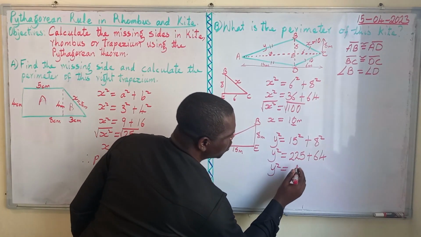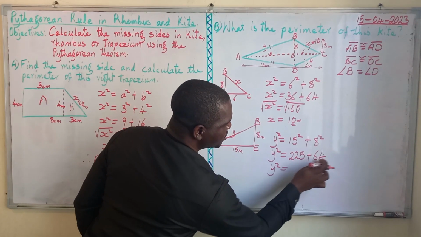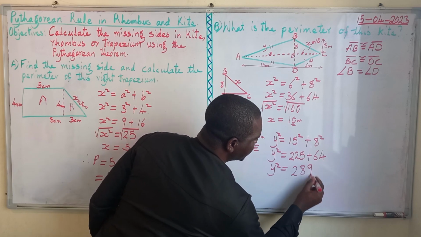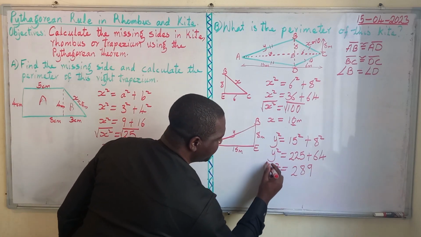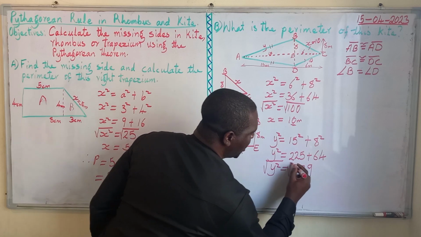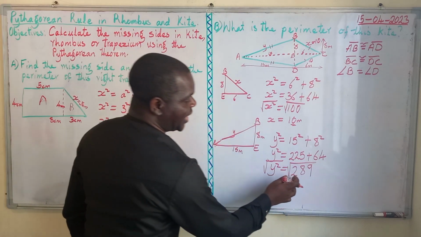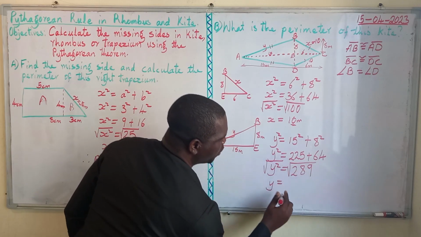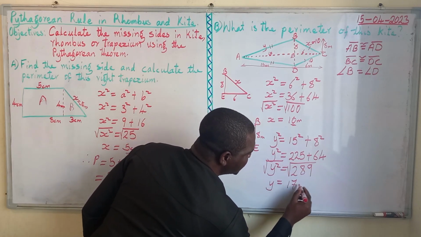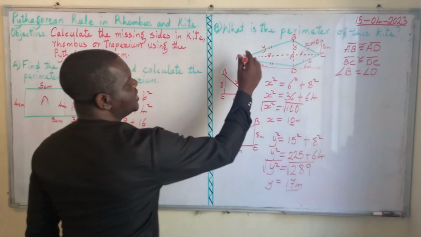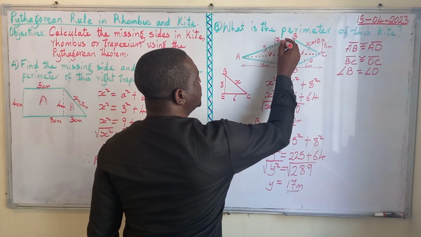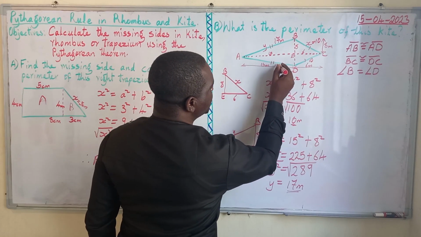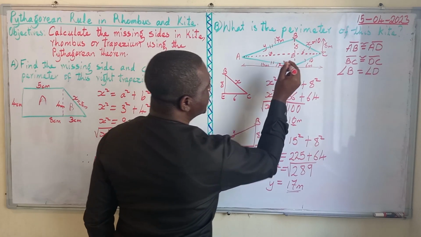Y squared is equal to 225 plus 64, which will be 289. And to find y, we simply find the square root of y squared and the square root of 289. Y will be equal to the square root of 289, which is 17 meters. So y is 17 meters. And if y is 17, then line AD should be 17 meters as well.